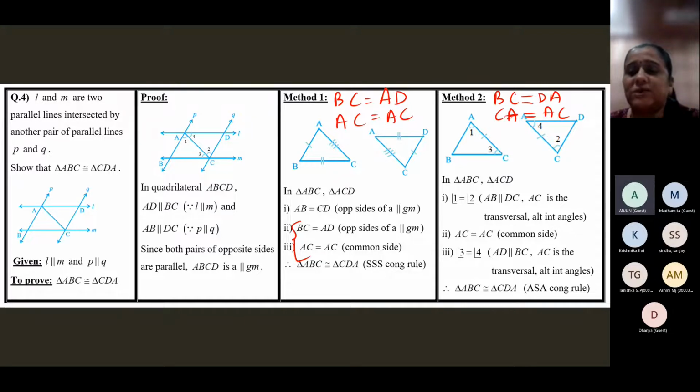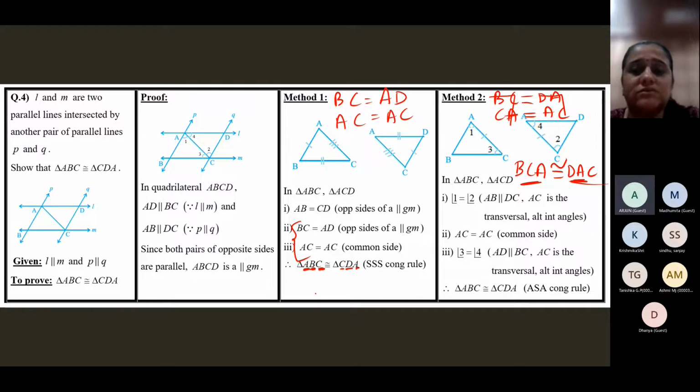So this triangle is BCA, BCA is congruent to triangle DAC. That means in this order, second letter, third letter, and then the first letter. See here, B, C, A. So it should be D, A, C. That's what we have here also.